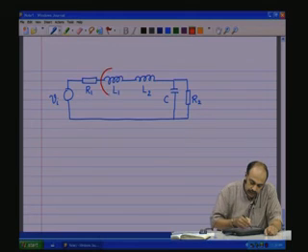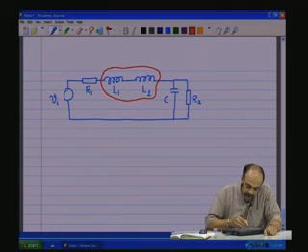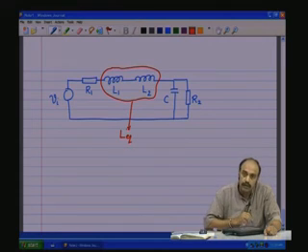L1 and L2 are actually one single inductance. It can be considered as one single inductance L equivalent, or either the L1 inductor or the L2 inductor can be considered as the energy storing element and the corresponding variable can be taken as the state variable.